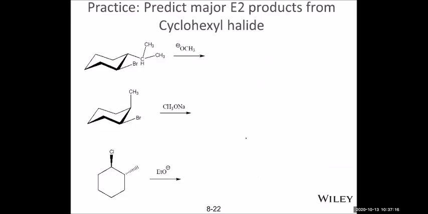So this is the cyclohexane, and you have bromine here, and there's isopropyl here. This is a big, chunky, very bulky isopropyl group. And when this reacts to eliminate the bromine, you have isopropyl and bromine both on the equatorial.